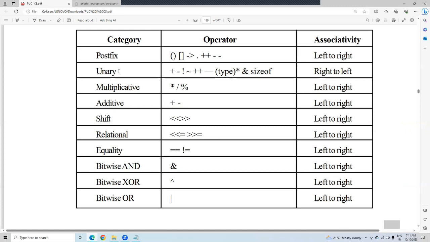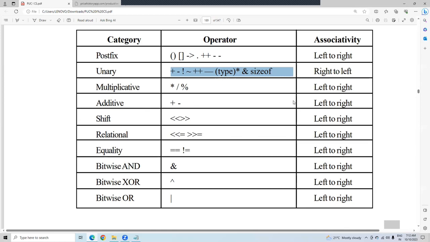Unary operators are used alone with a single operand, like minus a, plus b, like that. So these are the set of operators, and see the associative rule is right to left. Multiplication, division, modulus division are left to right.